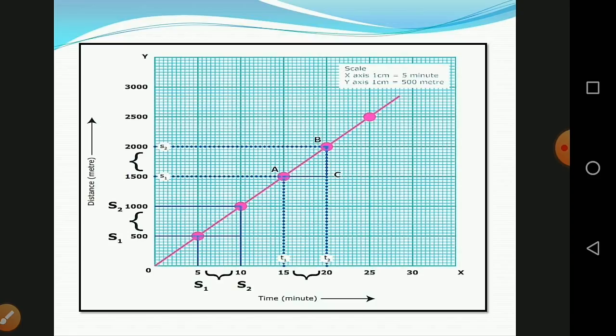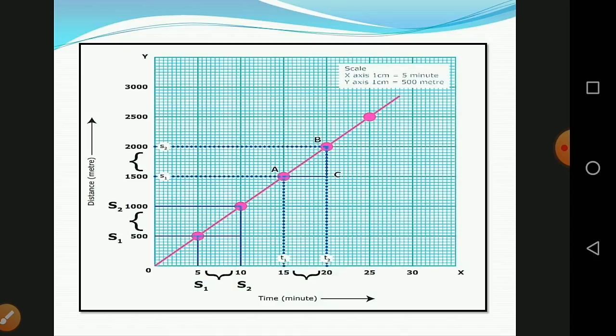Can you find the speed at which he walked from the graph? This is referred to as the slope of the line. If you find the slope, speed is equal to distance covered by time taken.